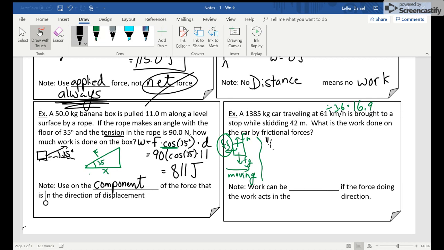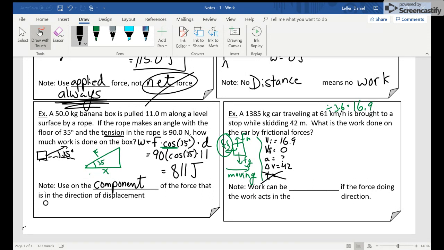So VI, VF, A, delta X, and T. So we know our initial velocity, we're told, is 16.9. Our final should be 0 because we're coming to a stop. Acceleration is what we're looking for. Our distance stopping is 42, and we don't have time, so we don't need that one.